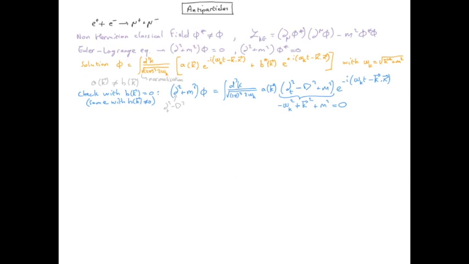So the energy is defined as minus the time frequency for a plane wave. However, in the second term we see that we have a plus i omega k t, and omega k is positive. Therefore, this second term corresponds to a negative energy solution in the interpretation of relativistic quantum mechanics.